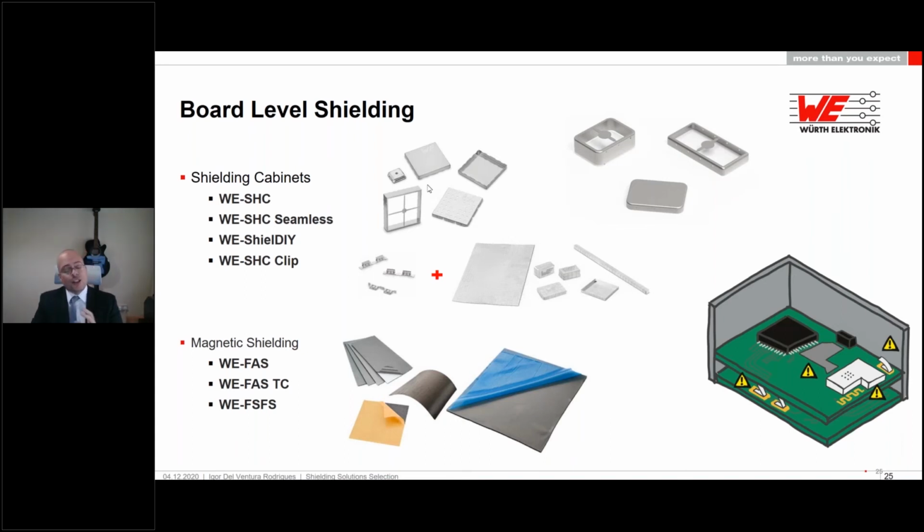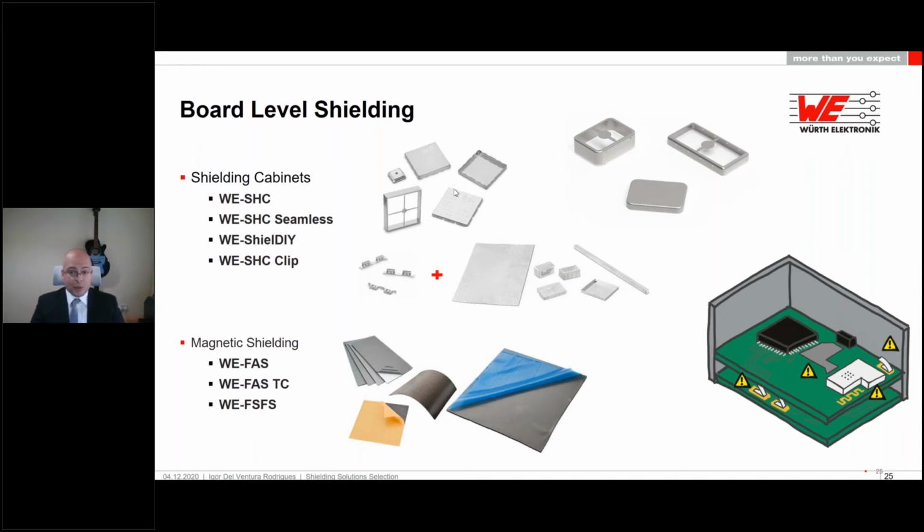And basically the shielding cabinets, they will divide into two different categories: the classic ones and the brand new introduced seamless ones. So the shielding cabinets, we call them FSFS, and the new ones, FSFS seamless.